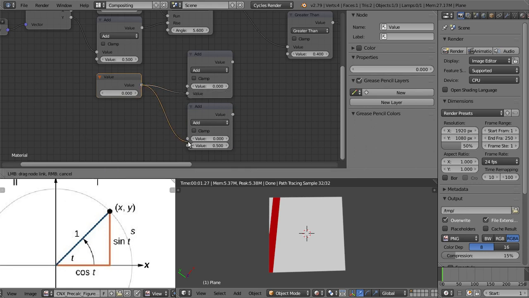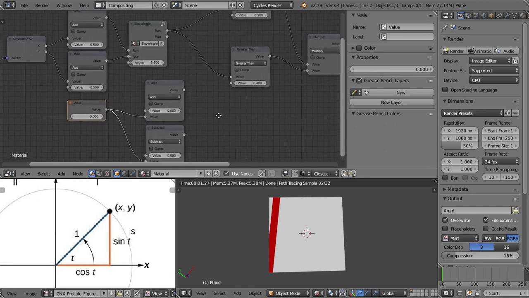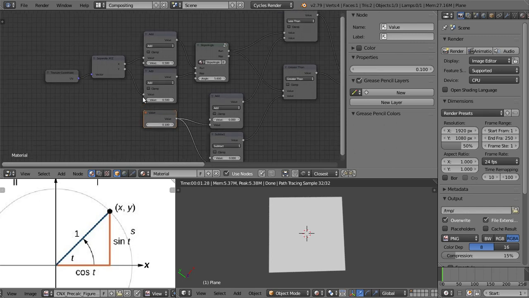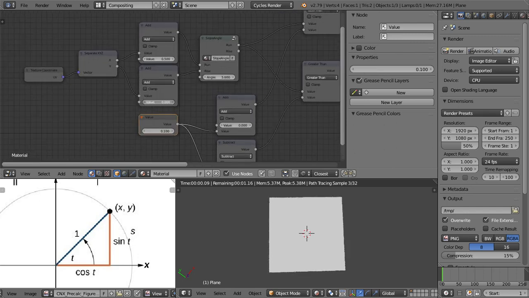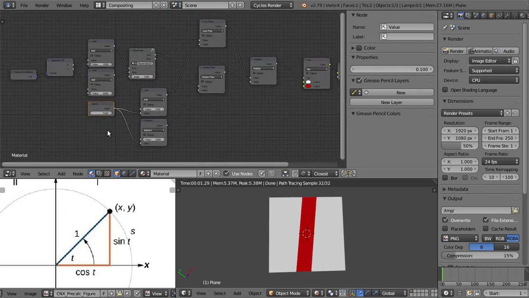Add a value to 0. And subtract a value from 0. And make this 1. Alright, so now we have a stripe. This value controls the width of the stripe. And the way I did it is a little different than the other one because we're trying to keep it centered.